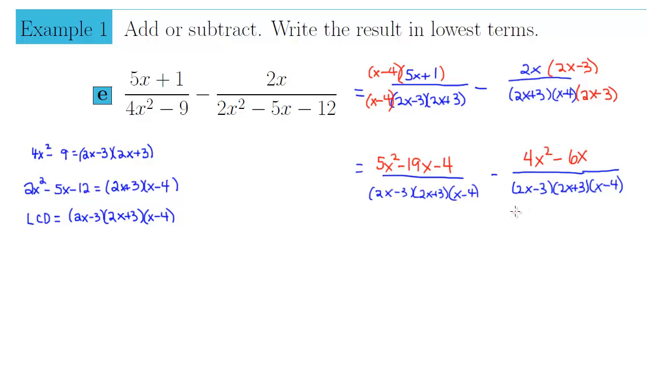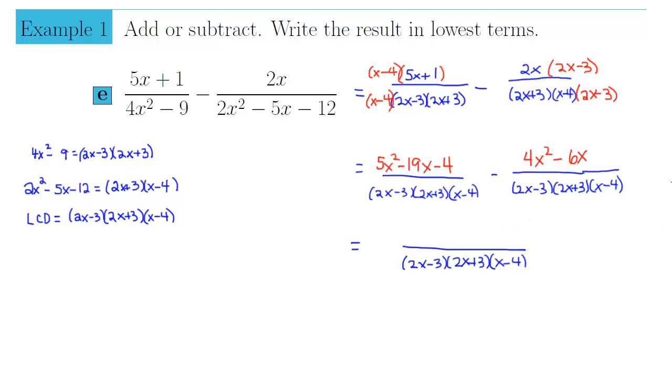Perfect. We have like rational expressions now because there's a common denominator. So we're going to combine the numerators and put our answer over that common denominator, 2x minus 3 times 2x plus 3 times x minus 4.